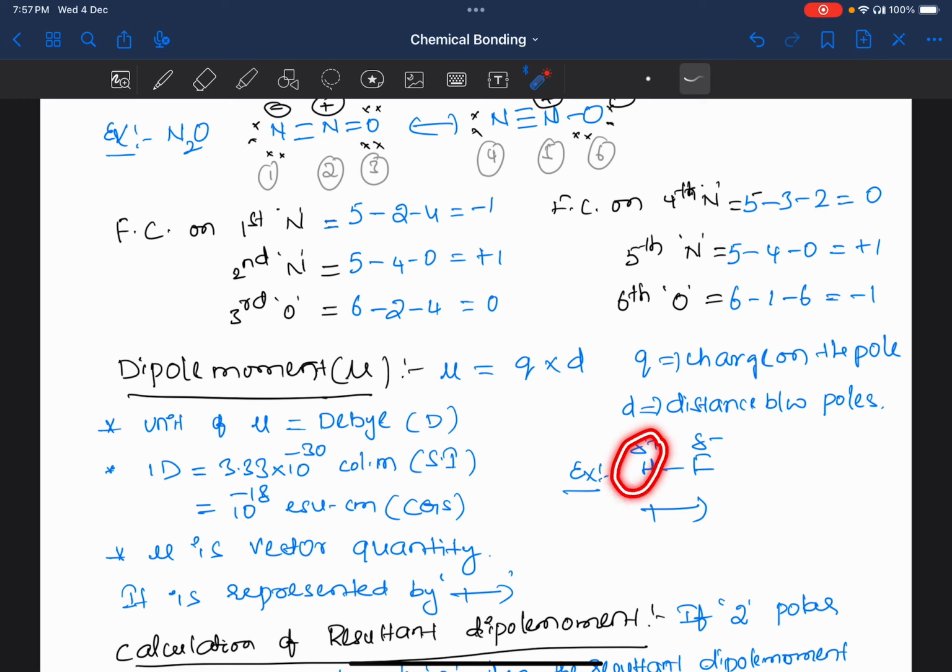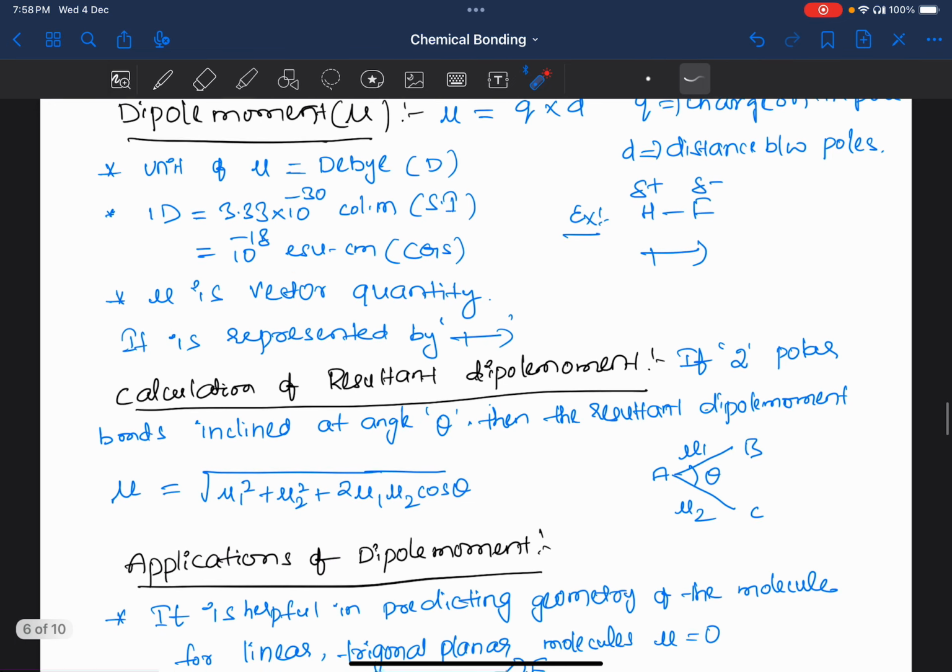Hydrogen is the low electronegative atom, so the tail part is here, and the head part is indicated on the high electronegative atom. The head is denoted on the high electronegative atom and the tail is indicated on the less electronegative atom.